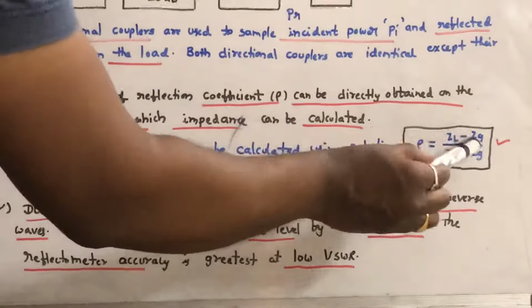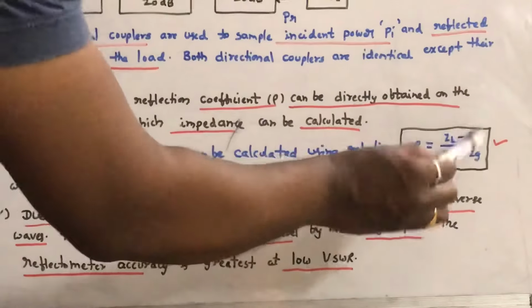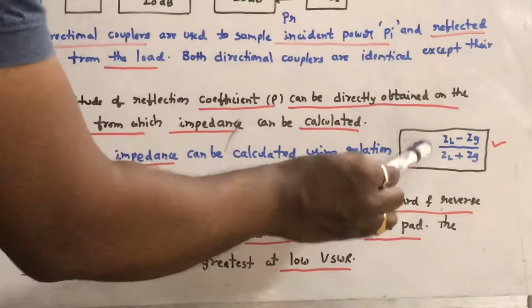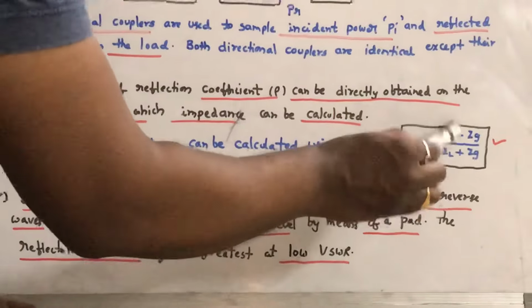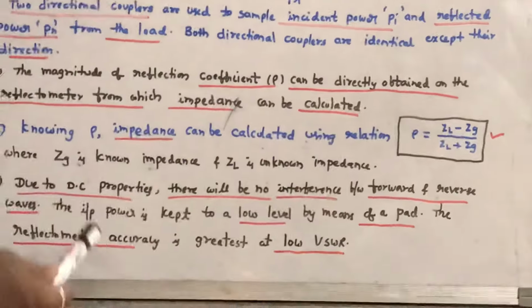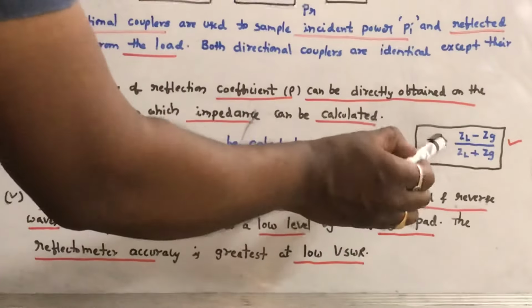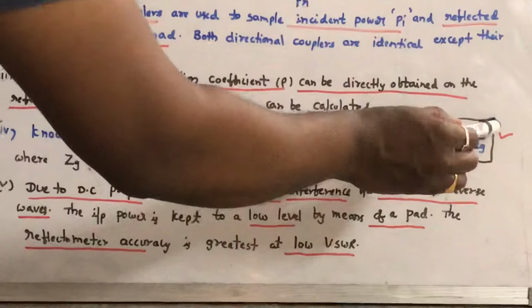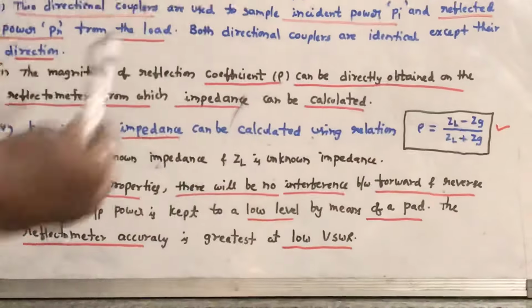Rho we already calculated from the reflectometer, and ZG we know, from which we can calculate ZL, the unknown load impedance.